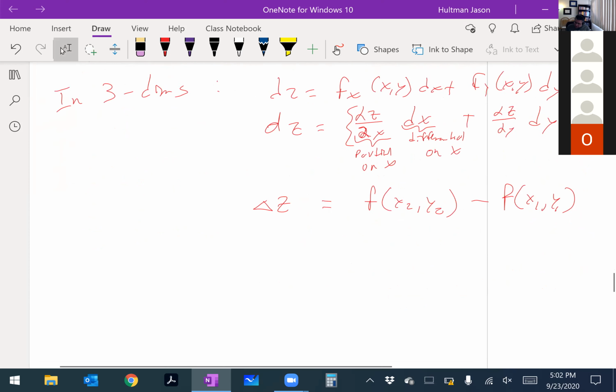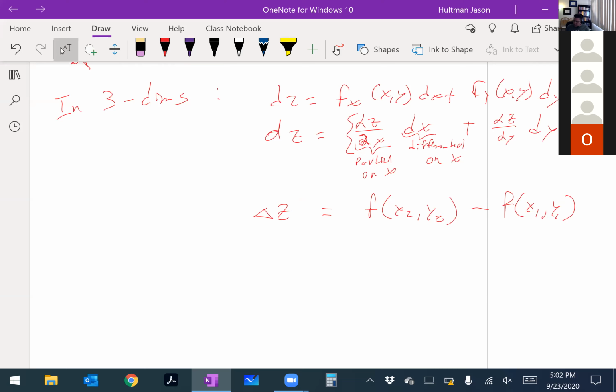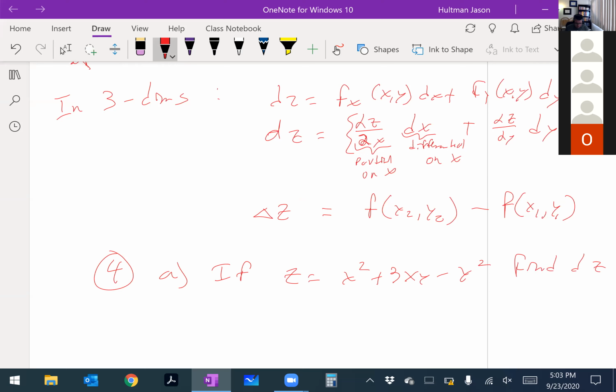Okay, so let's find some differentials here. Number 4, A. If z is equal to x squared plus 3xy minus y squared, find dz.